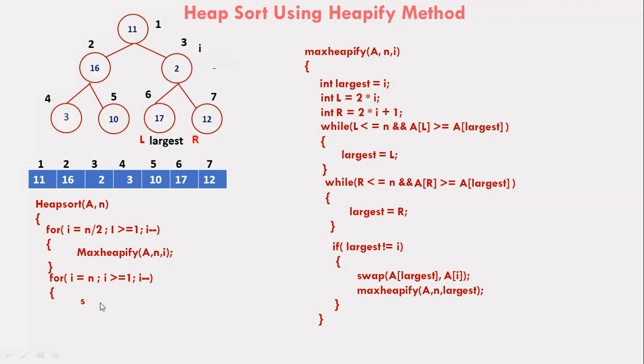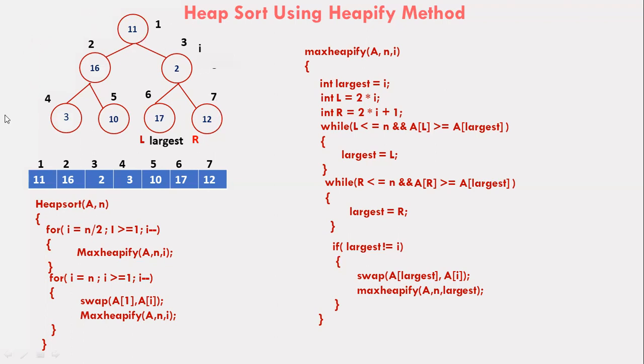So here we write swap of A of 1 comma A of I. A of 1 is nothing but the root node. A of I, where I value here is n, is the last node. Once after replacing, after max heap conversion, the largest in this array, 17, will come to this position, and 12 will go to this position.